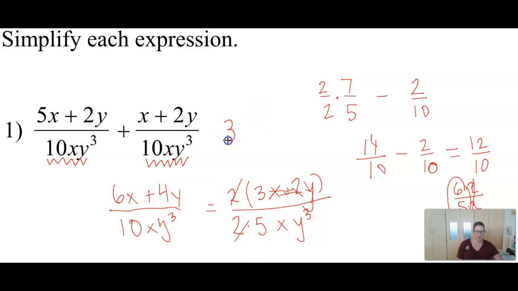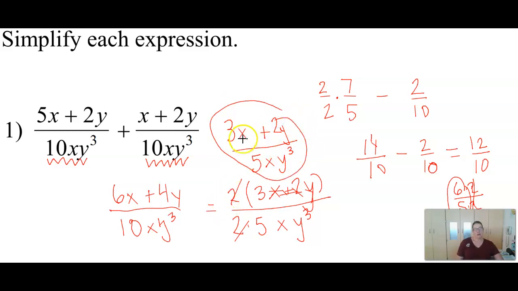So I'll have 3x plus 2y divided by 5x y cubed. Okay. So this is my reduced and simplified addition of these two terms. So let's try another one.